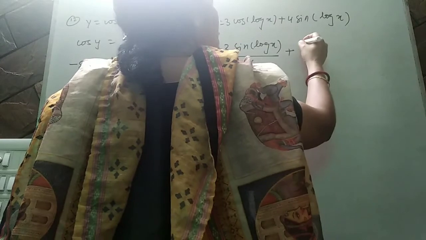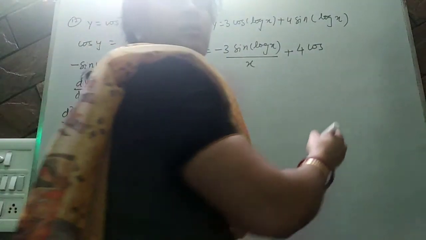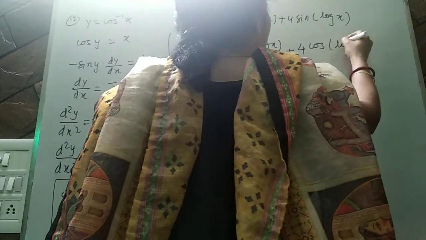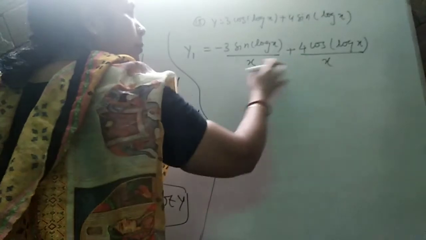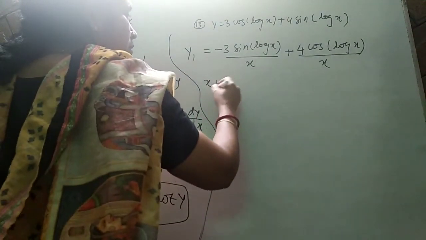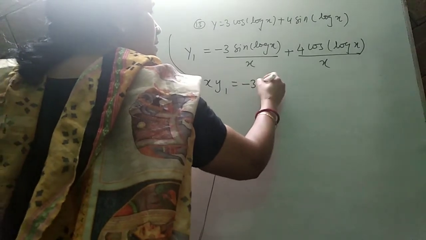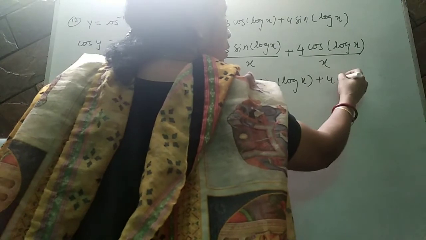If I keep 4 constant, sine differentiation is cos of log x into differentiation of log x, 1 upon x. Now I'm taking x to the side. I told you to try to avoid the quotient rule. So x y1 is equal to minus 3 sine log x plus 4 cos log x.